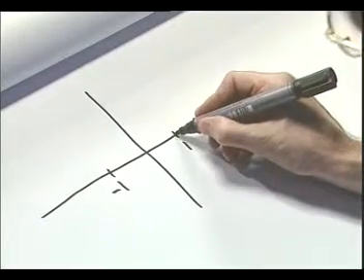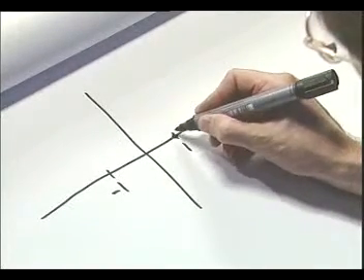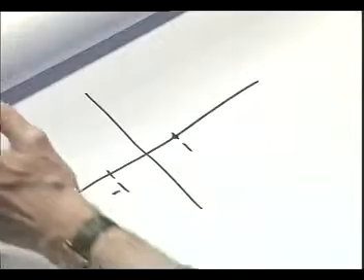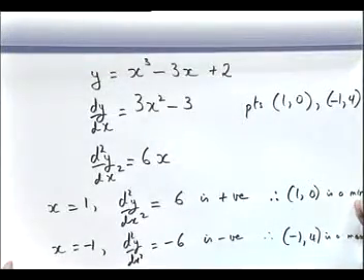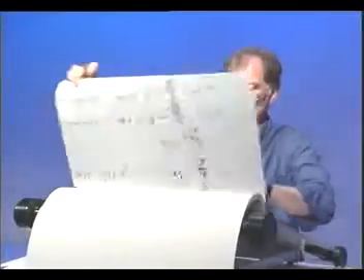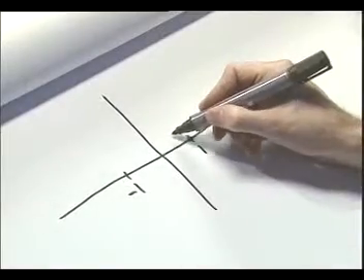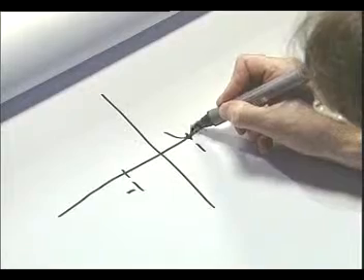So we've 1 and minus 1 were our 2 important values of x. And we know that 1, 0 was one of our turning points. And if we just go back, we know that 1, 0 was a minimum turning point. So we know that at this point the curve looks like that.